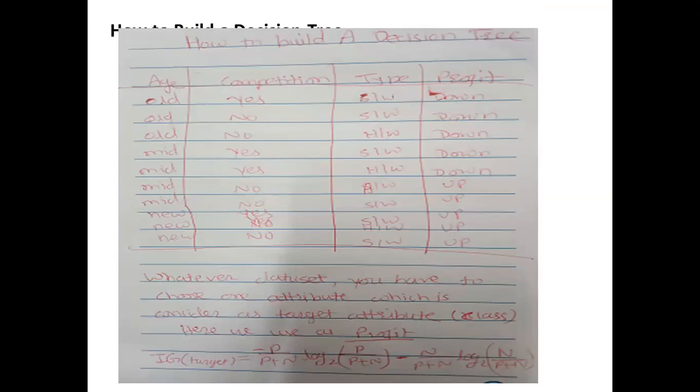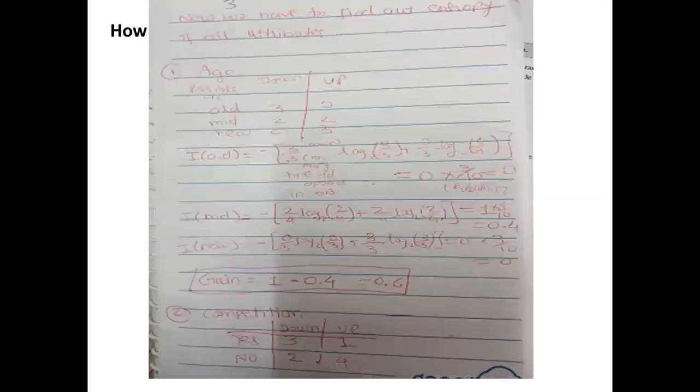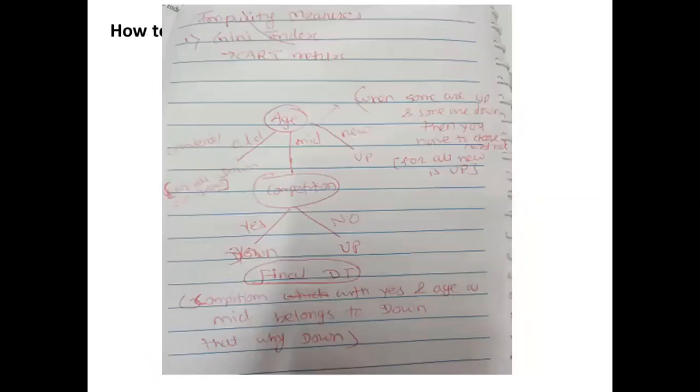Yes, down, yes, down. Clear? Now the same for competition with no, maximum it's showing up, right? So that's why we are considering it as the up value.